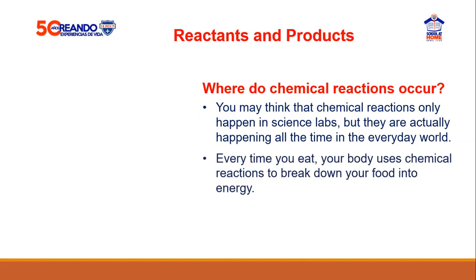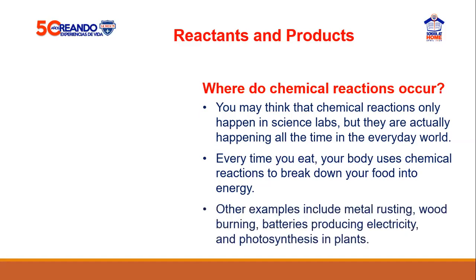Now, when you eat, your body uses chemical reactions to break down your food into energy, right? We've been talking about photosynthesis, the way that plants process water, minerals, sunlight, and carbon dioxide. Well, when you eat, your body uses chemical reactions to split the food into energy.